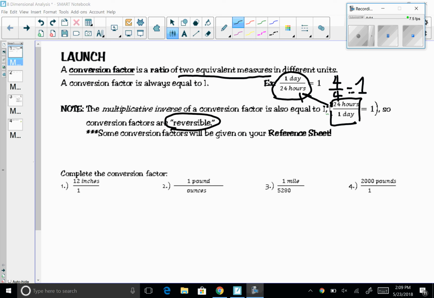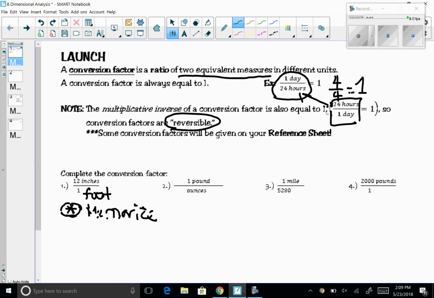The first one, we know that 12 inches is equal to 1 foot. If you didn't know that, that would be one I would commit to memory because it's one of the most commonly used ones. And it is also one of those that I do not see on my reference sheet. So you should want to memorize that one.